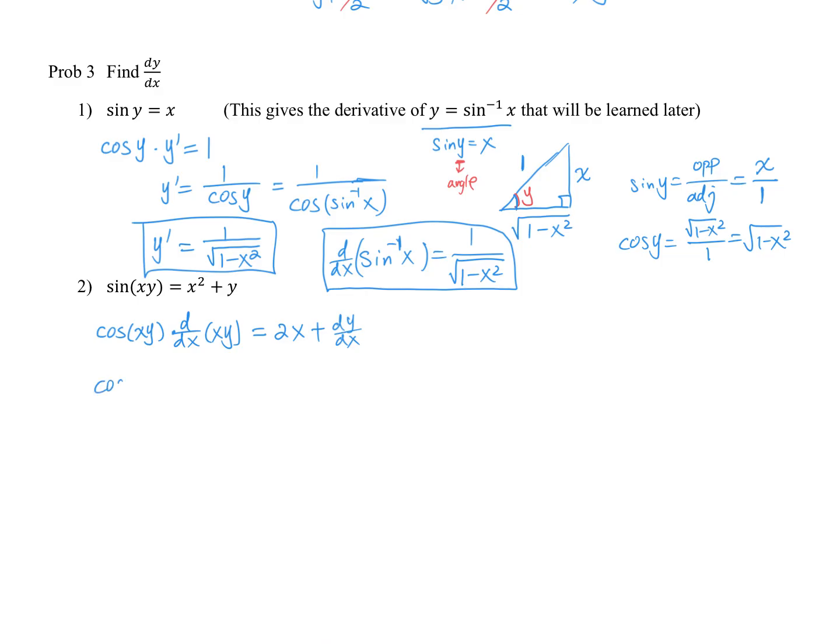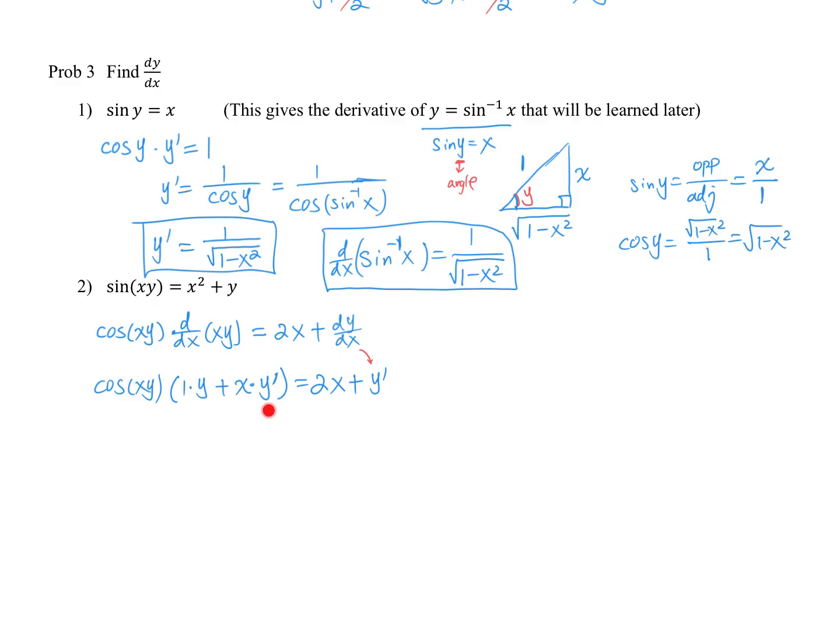Now let's continue to find the derivative of this product. Now we have to use the product rule. The derivative of x is equal to 1 times y plus x times the derivative of y, which is y prime. Let me write y prime instead of dy dx, a little easier. So the right-hand side is 2x plus y prime.